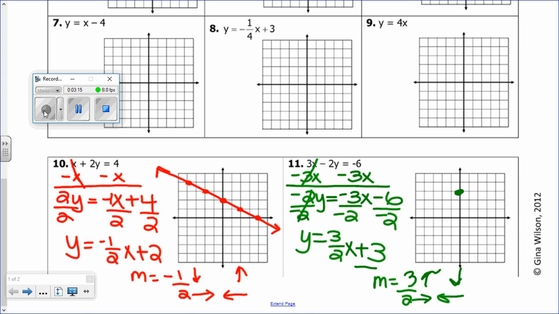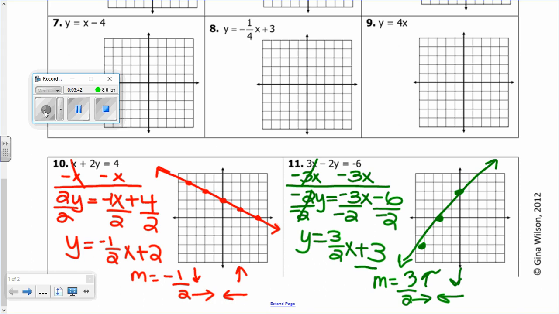So we're going to go down 3, left 2, and plot a point. Do it again. Down 3, left 2, plot a point. Now we're out of space, so we're going to go ahead and connect our line. Pretend that's straight through the points. Hopefully your line is better than mine. Now we knew we should have a positive slope. Our picture has a positive slope.